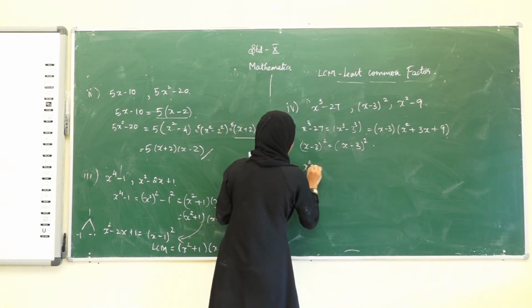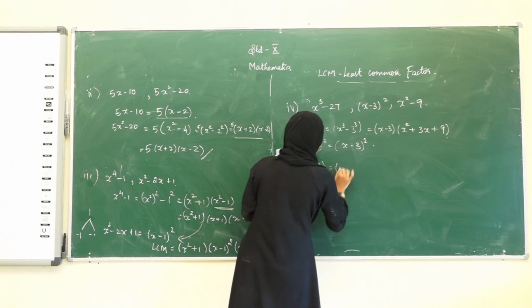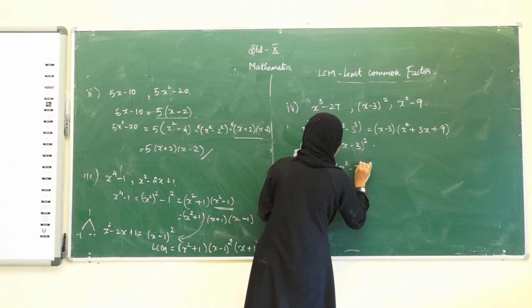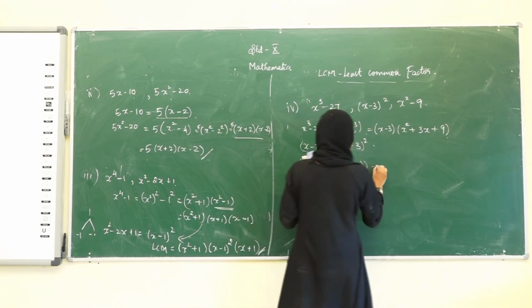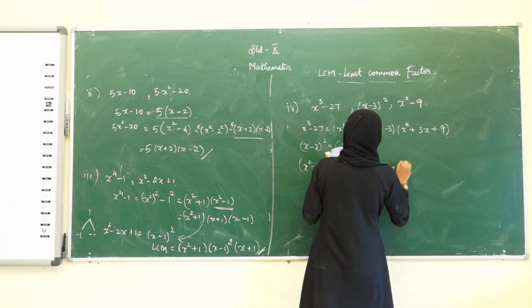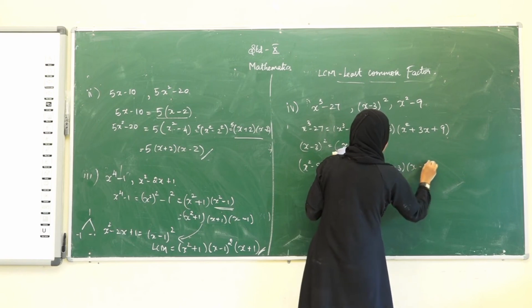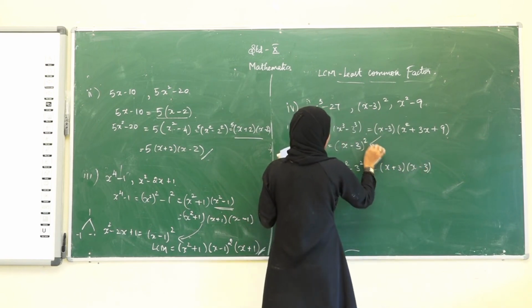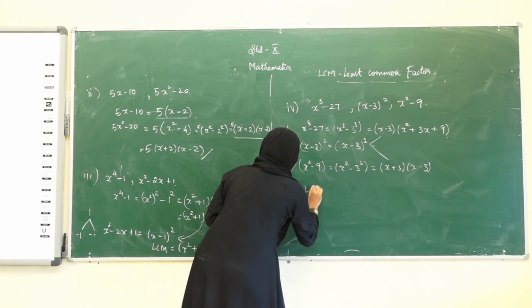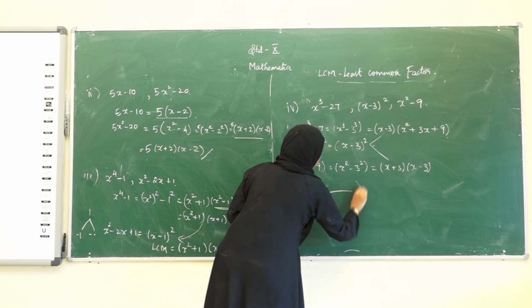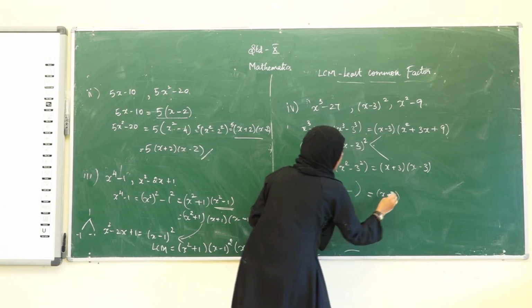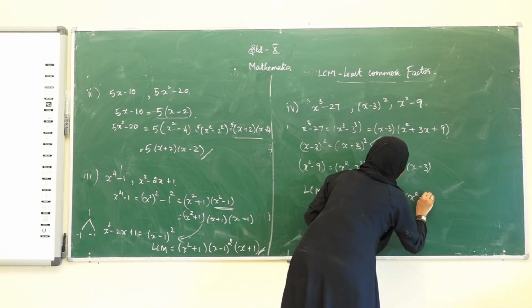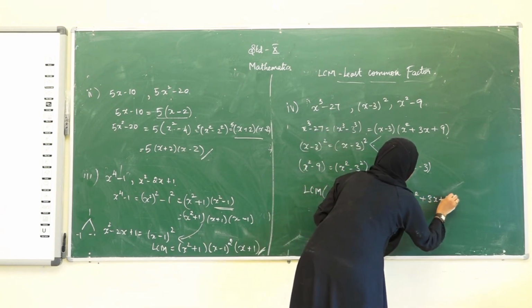Then the third term, x square minus 9, can be written as x square minus 3 square. a square minus b square is a plus b into a minus b. Therefore, x plus 3 into x minus 3. And we consider these three. What is the LCM of the given? It is x minus 3 as it is, and x square plus 3x plus 9.